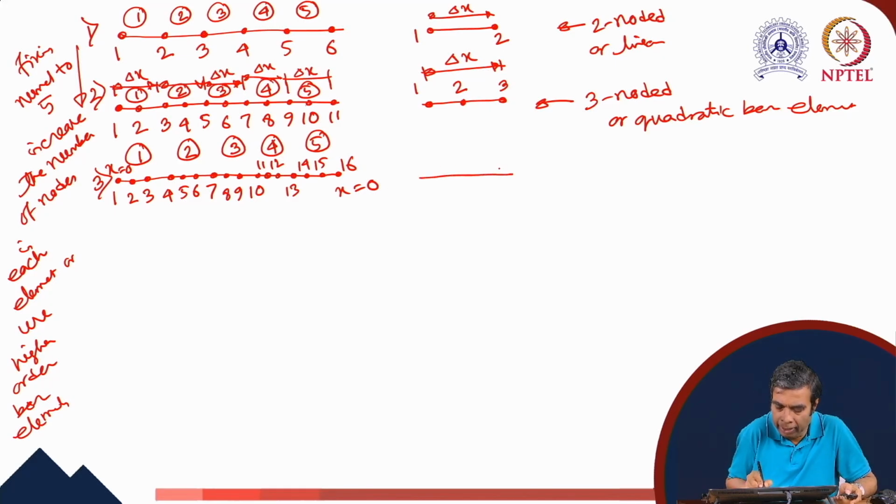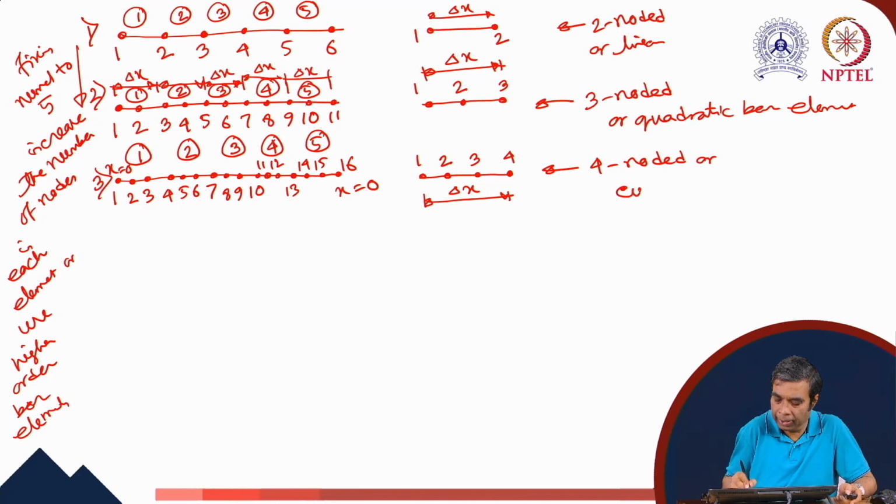Here we show the element. It has 4 local nodes. Those nodes are equidistant, 1, 2, 3 and 4. So this is our mesh size delta x. So this is the 4-noded or cubic bar element.